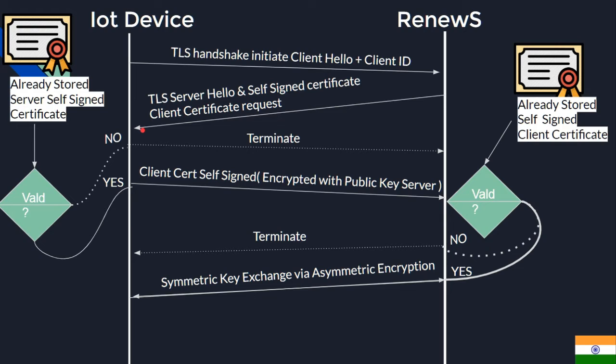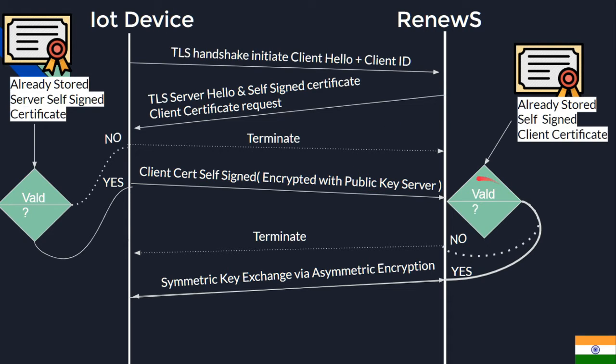Now, after having this, it will validate whether the given self-signed certificate of the server is valid or not. If it is not, it will terminate. If it is, then it would continue with the communication link. Now, the IoT device validated the server certificate, and it will send its certificate through this link, encrypted with the public key of the server.